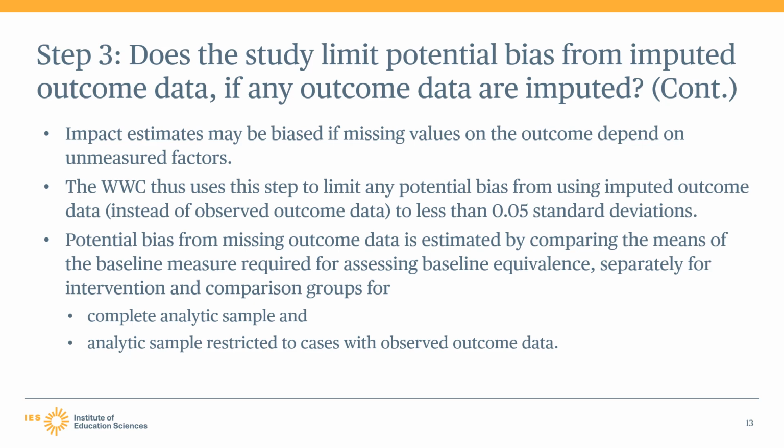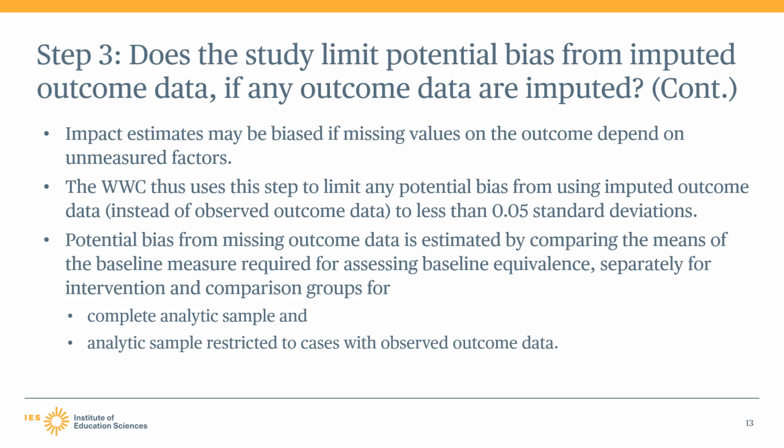The WWC estimates the potential bias from missing outcome data due to unmeasured factors by comparing the means of the baseline measure specified in the WWC Procedures and Standards Handbook, or the Handbook, as required for assessing baseline equivalence, separately for the intervention and comparison groups, and for two samples.